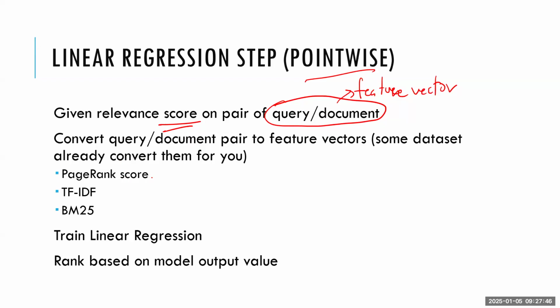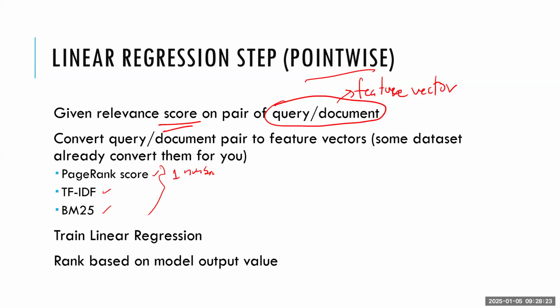So we are going to learn three ways of converting the query document into a feature vector. Each one of these will give you one number. And in the actual benchmark datasets, they use this score together with other scores, so you can mix and match.